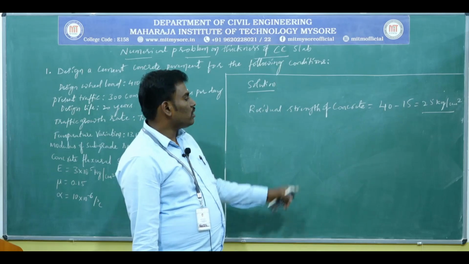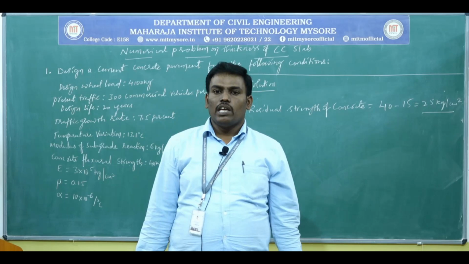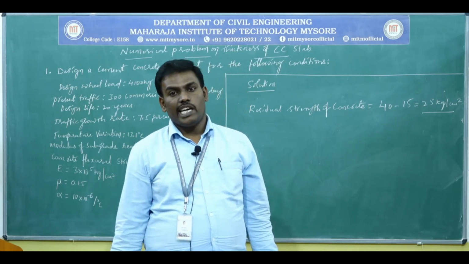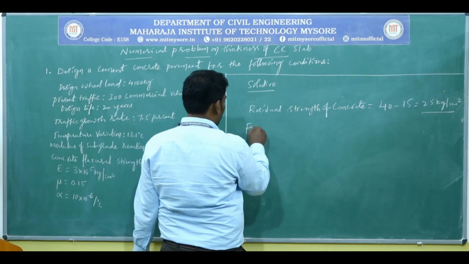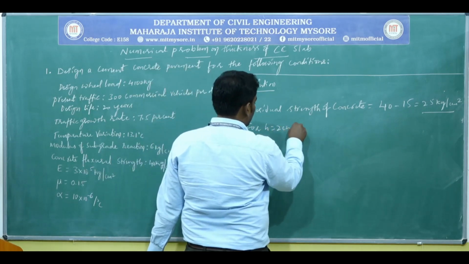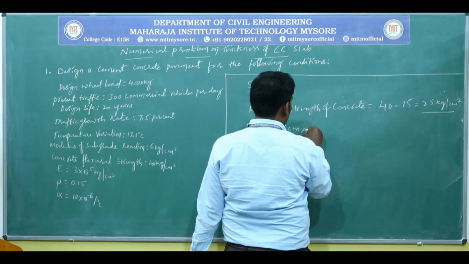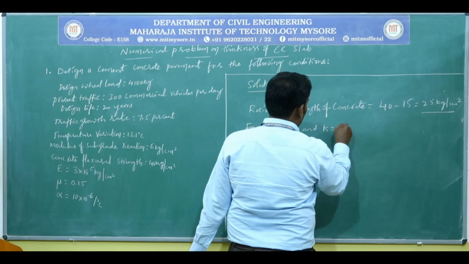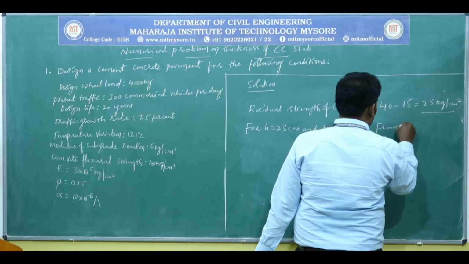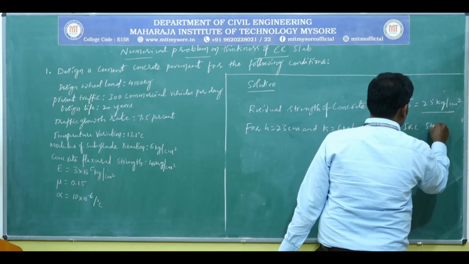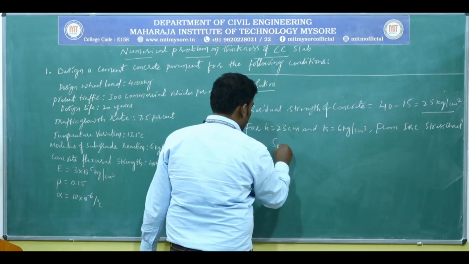Next, once you obtain the residual strength of concrete, in the next step you need to find the wheel load stress from IRC stress charts. For H equal to 23 centimeter and K equal to 6 kg per centimeter cube, from the IRC stress charts, find the wheel load stress SC.